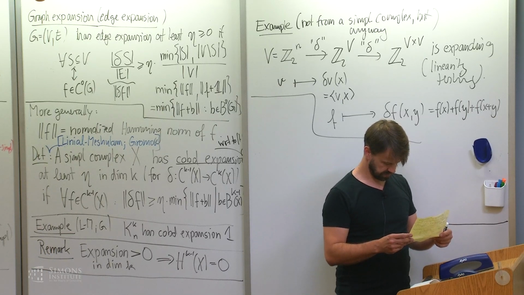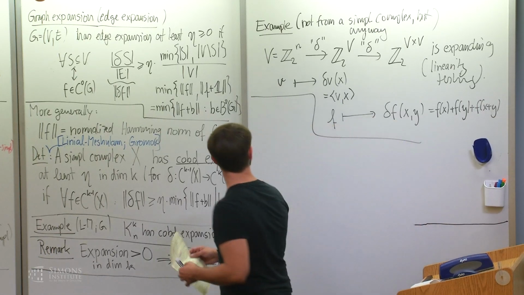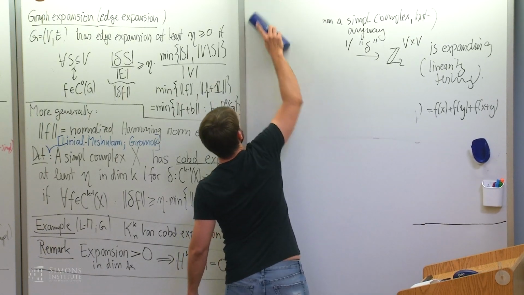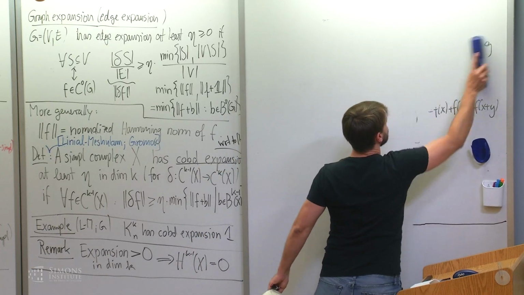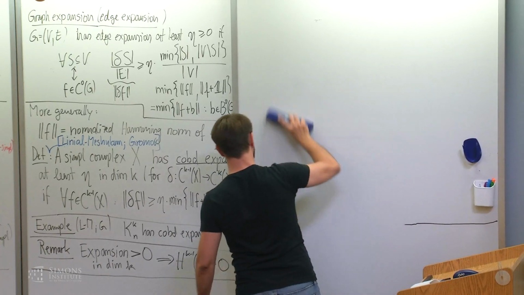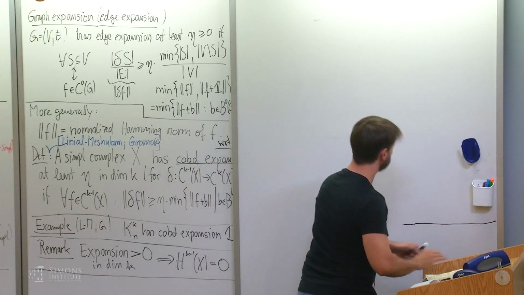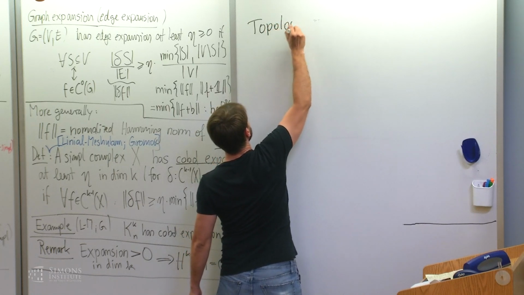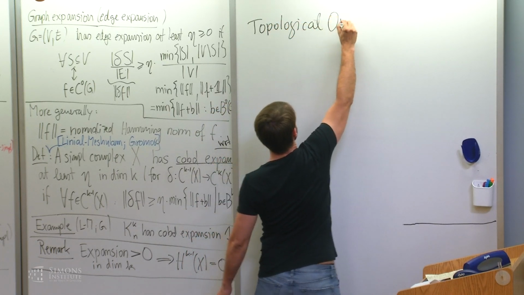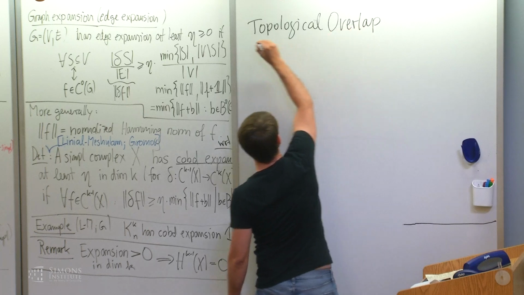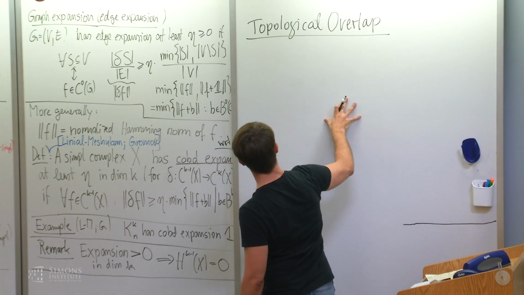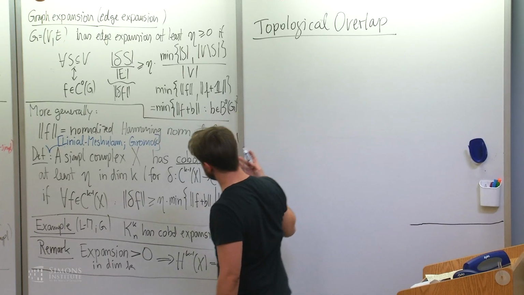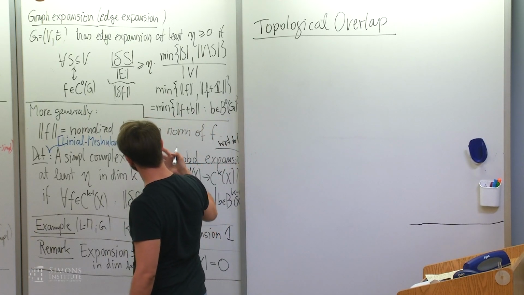What else did I want to say? Yes. Okay. Topological overlap. Let me maybe erase this. So here's a result by Gromov that I think convinced a lot of people.